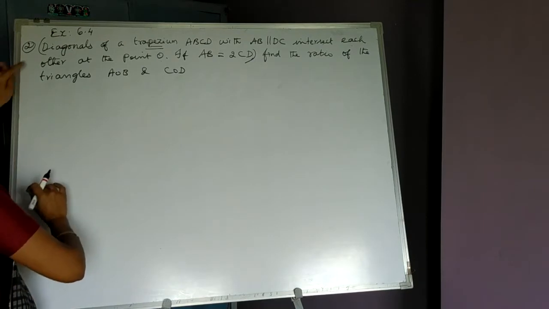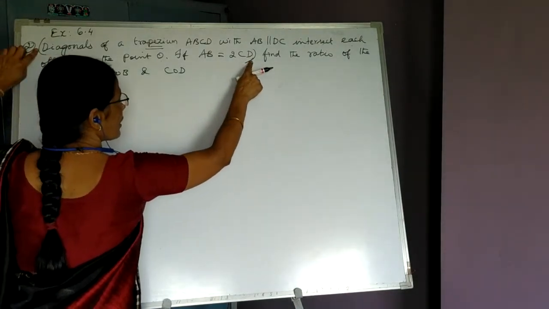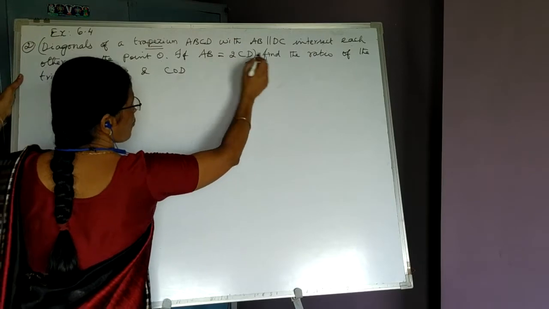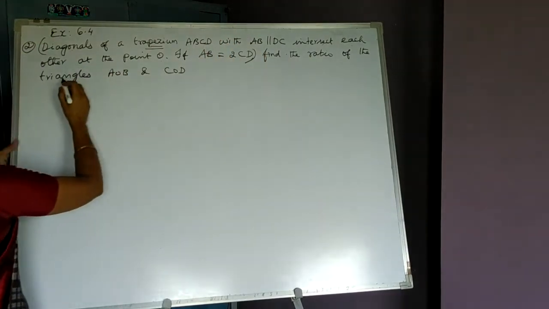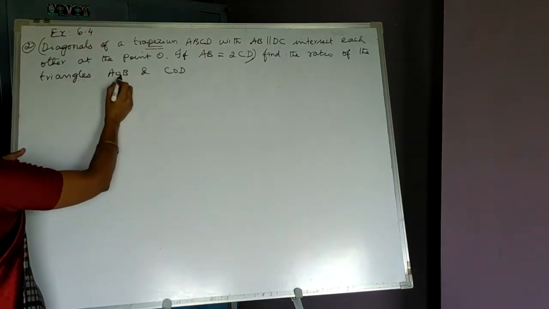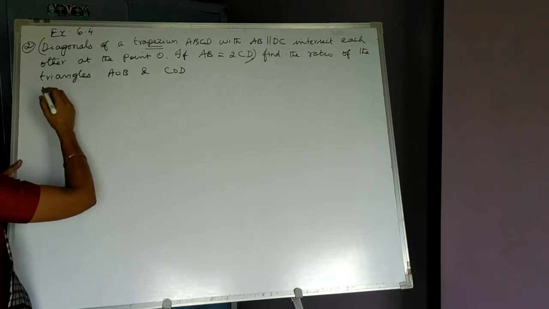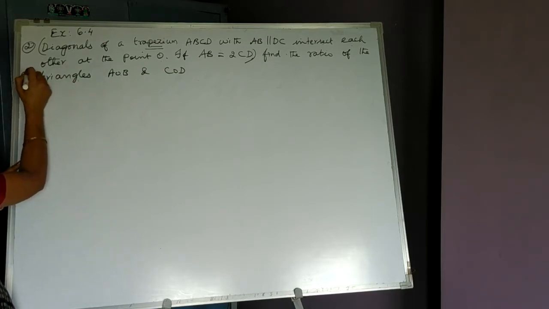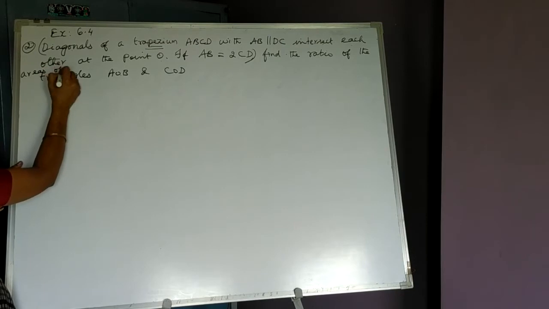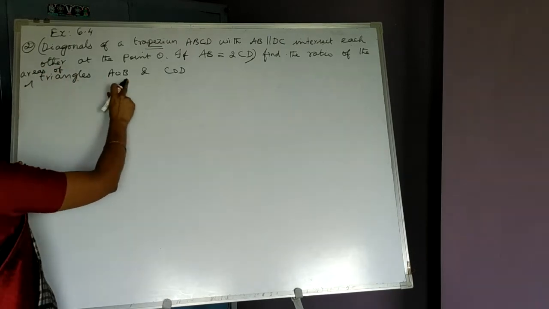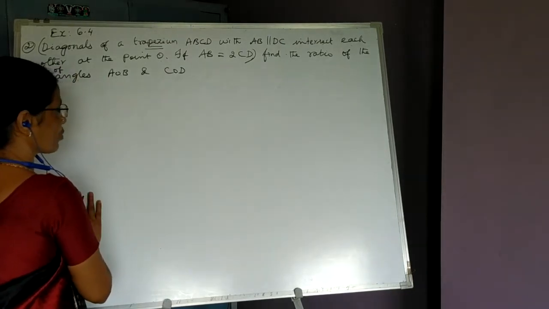So under given, we have to write all this. Using this, what we are asked to prove: find the ratio of the areas of triangles AOB and COD.